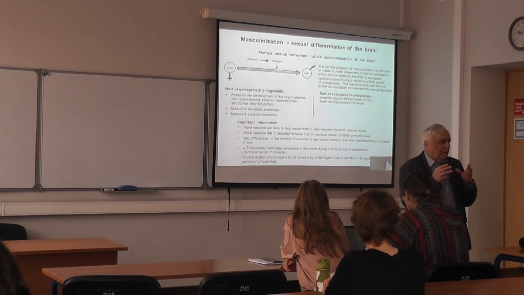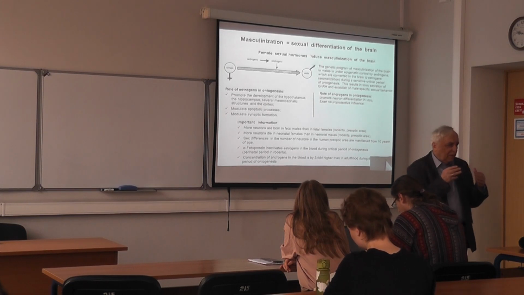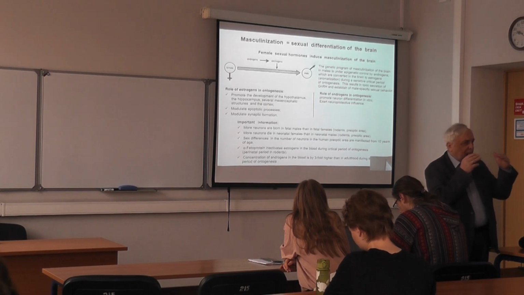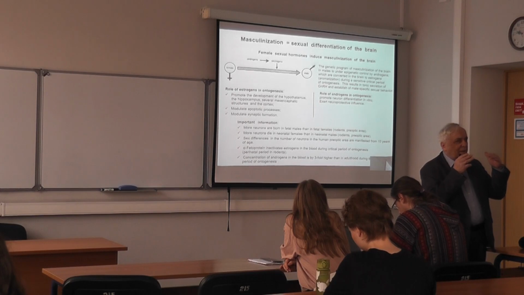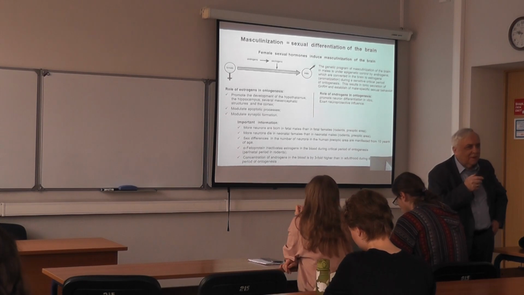But this is not the case for females, because estrogens, which are delivered into the bloodstream, cannot reach the brain. You understand? But for what reason? I mentioned it once, but that was, I think, at the first lecture.